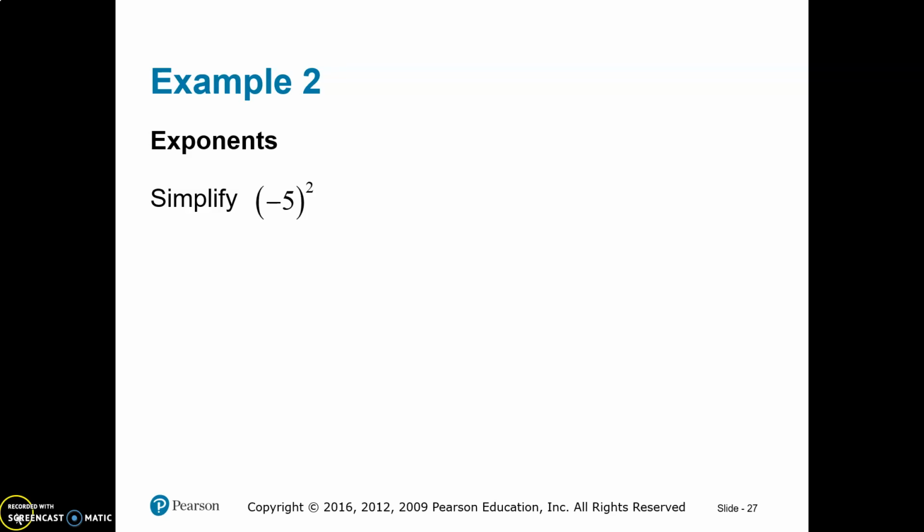What about negative 5 squared? Negative 5 times negative 5, which is 25.